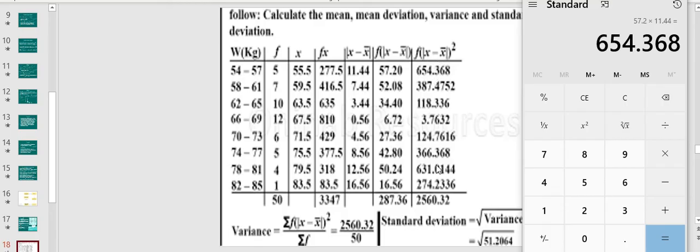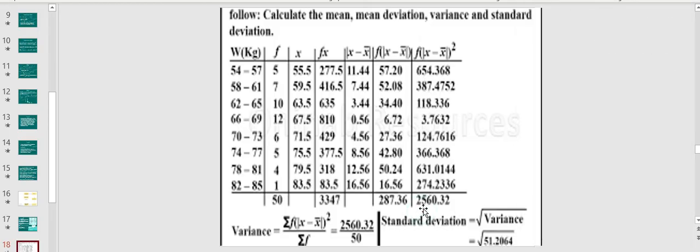This column containing the summation f, when we sum all these values, we will get summation f x minus x bar square. So we can find the variance by dividing this value, summation f x minus x bar square, with the total of the frequency.